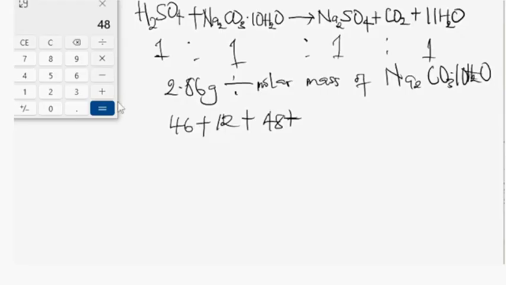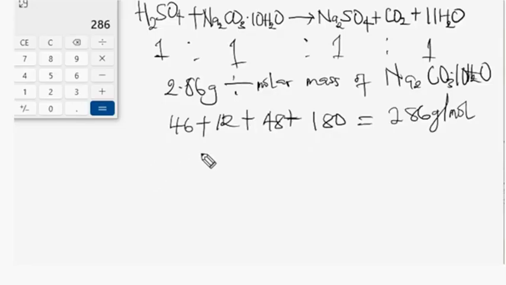H2O is 2 plus 16, and that's 18. So 18 times 10 will be 180 here. Let's add up everything: 46 plus 12 plus 48 plus 180, and that's 286. So this is 286 grams per mole, and that's the molar mass of sodium trioxocarbonate 4 decahydrate.